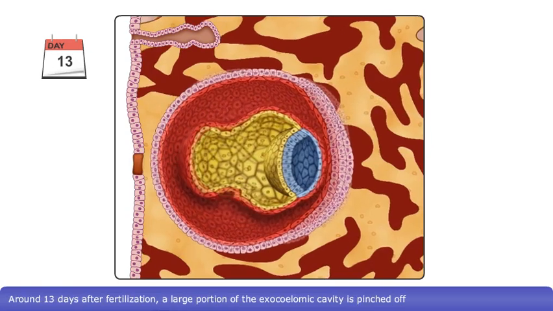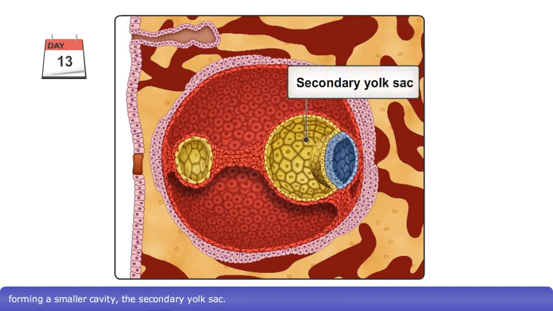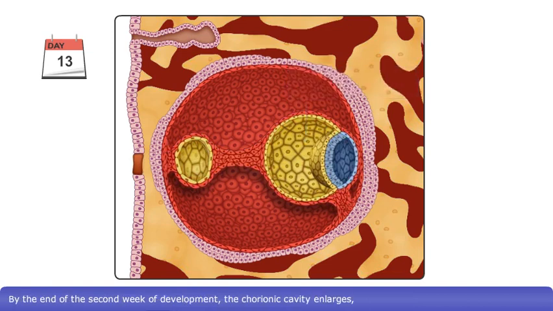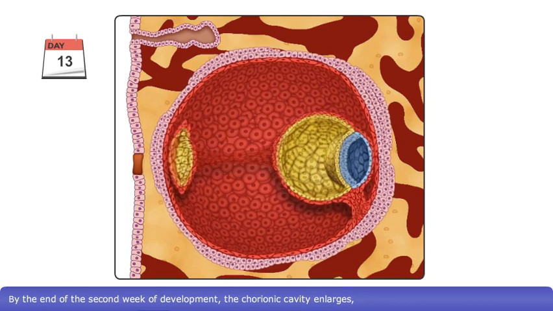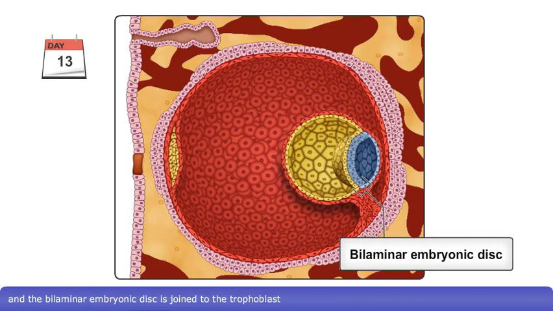Around 13 days after fertilization, a large portion of the exocelomic cavity is pinched off, forming a smaller cavity, the secondary yolk sac.